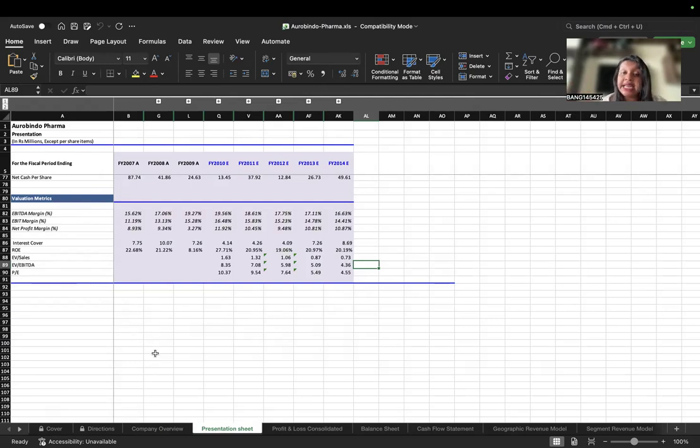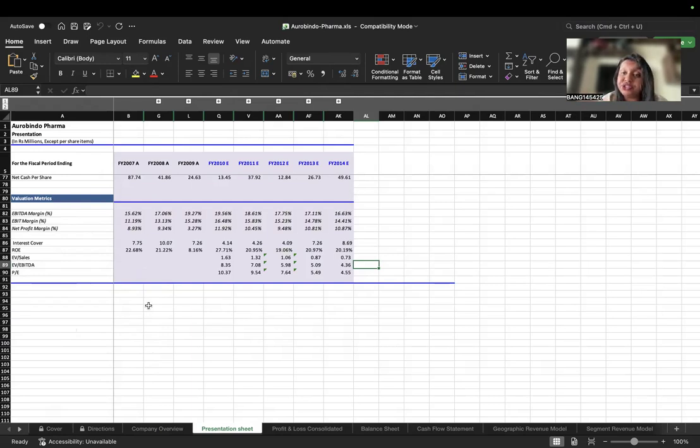Crucially, let's examine the EBITDA margin. The margin was a healthy 19.3% in fiscal year 2009, but in the forecast, it stabilizes between 16.1 and 17.1%.